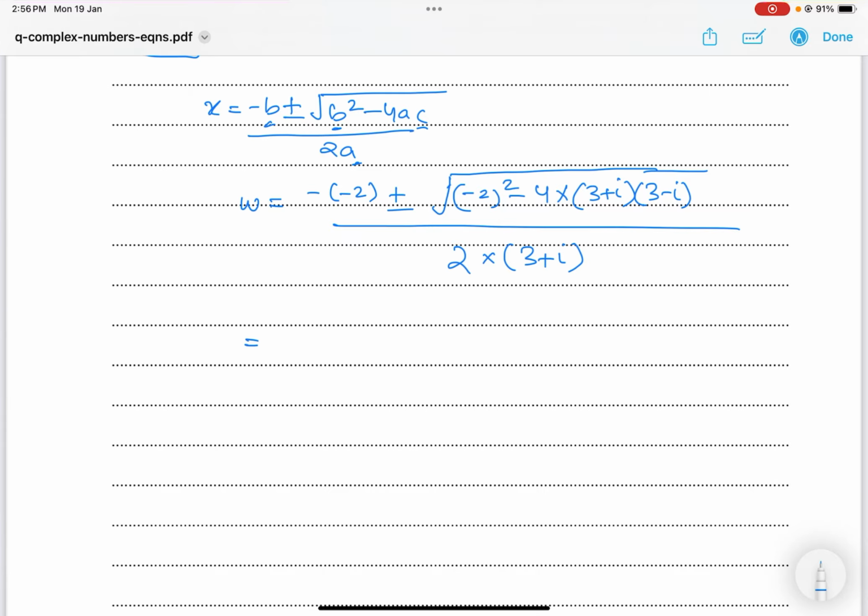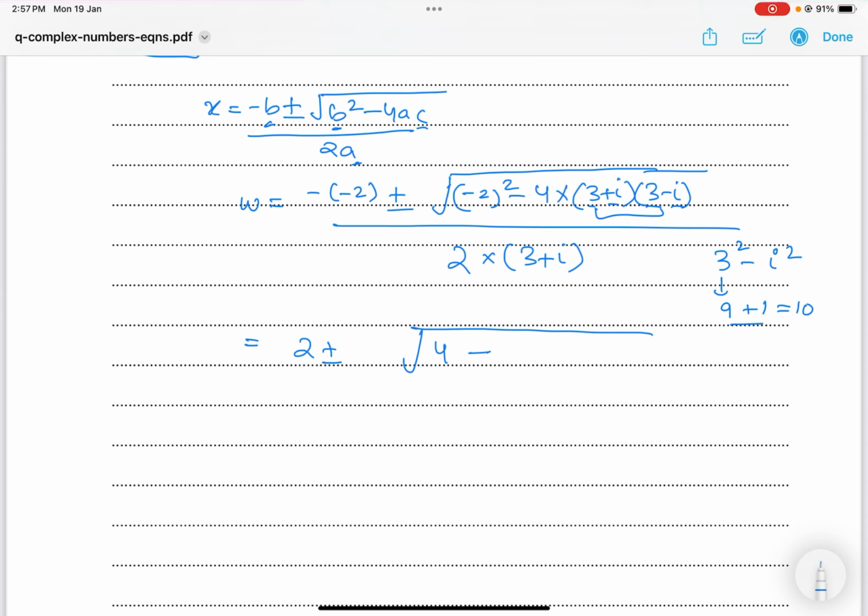Now if I solve this further, it would be 2 plus or minus square root of negative 2 square is 4, minus 4, and we know that (a plus b)(a minus b) gives 3 square minus i square, so it will give us 9 plus 1, that is 10.